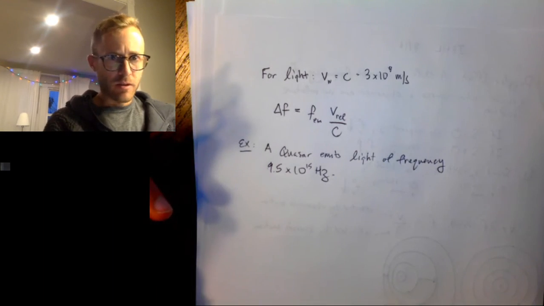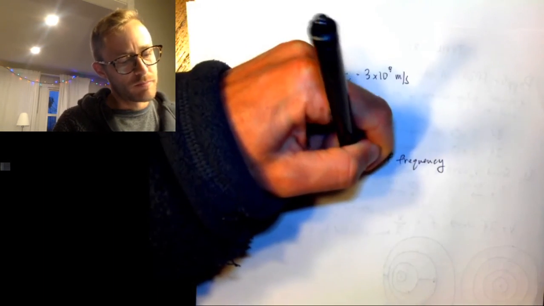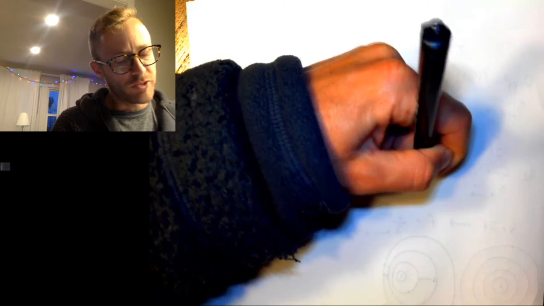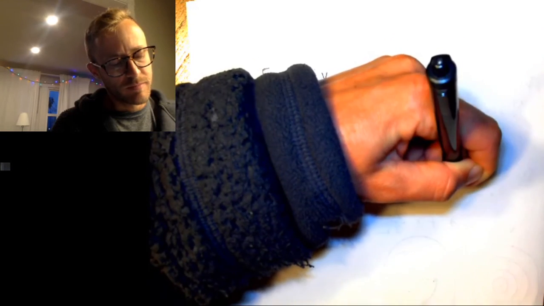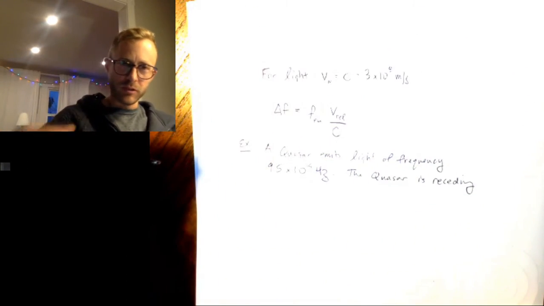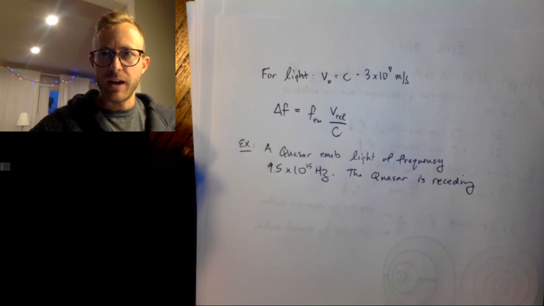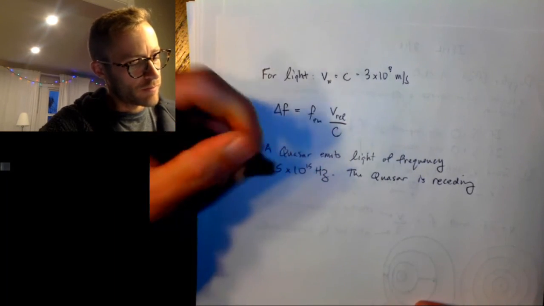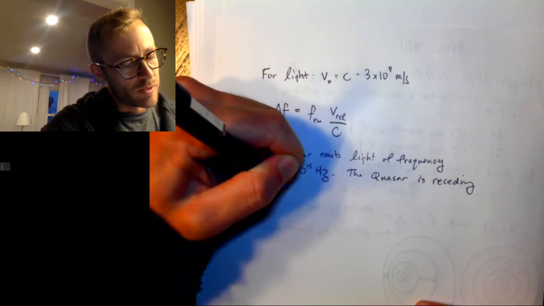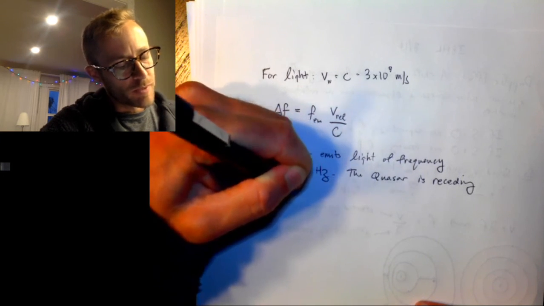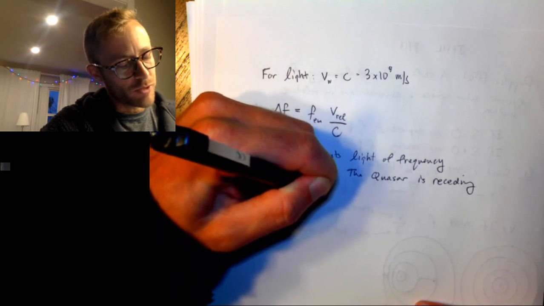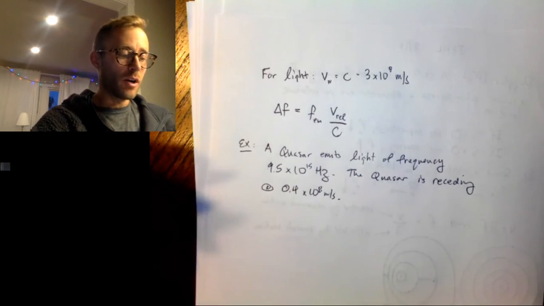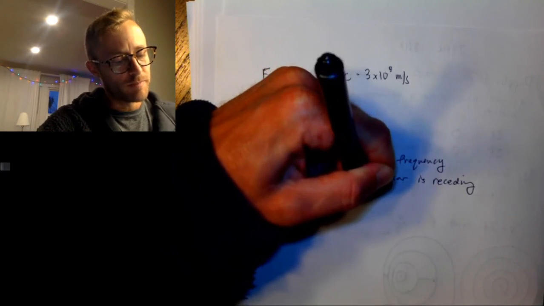Okay. The quasar is receding, so it's going away from you, which means that the frequency is going to be shifted down. The quasar is receding at a velocity of 0.4 times 10 to the 8th meters per second. Okay? And so we want to know, what is the observed frequency?